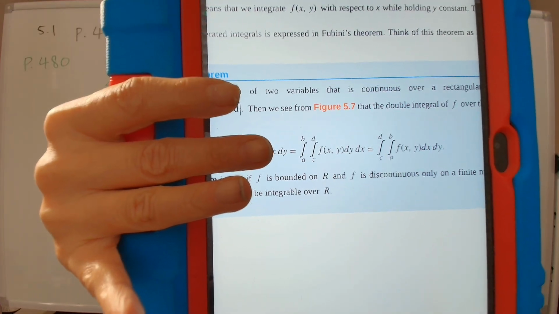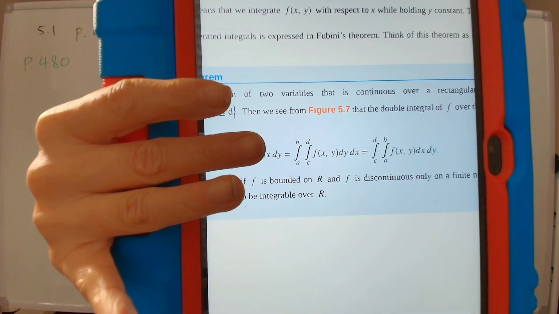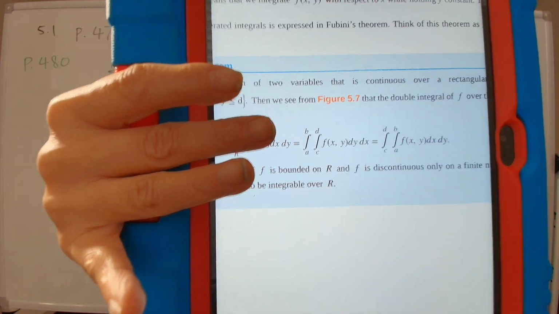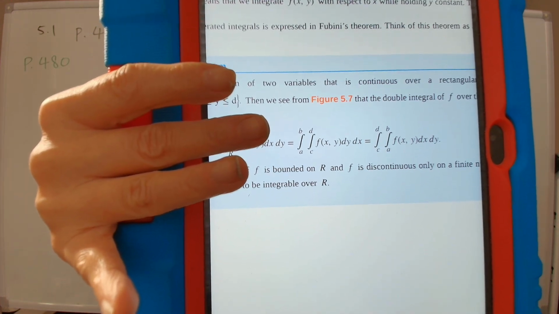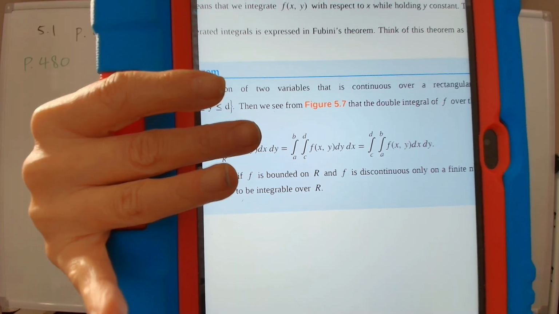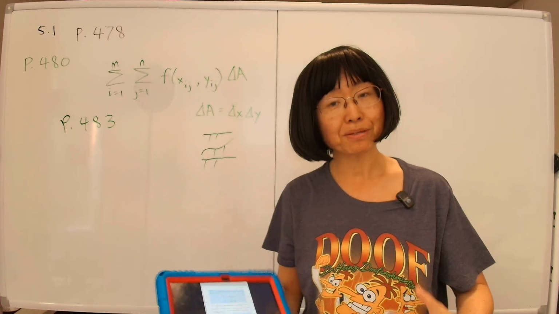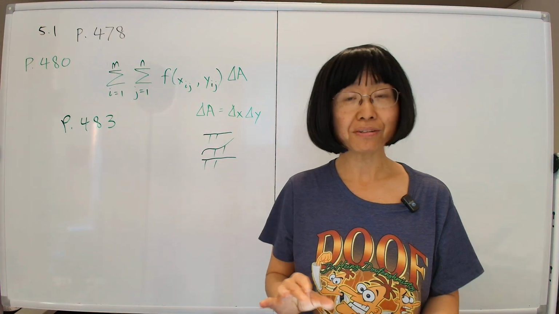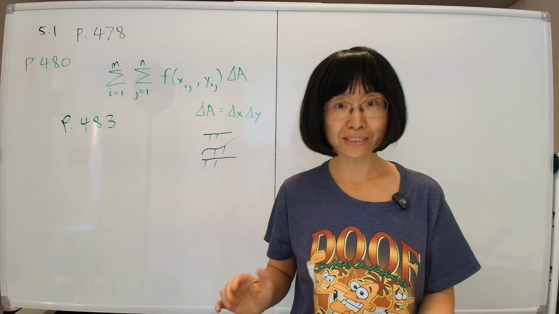It doesn't matter which way you do it first, because they're symmetrical. You can integrate either the x first or the y first. Sometimes it might be more convenient to do one first than the other, and you will gain experience with that by doing a bunch of homework.